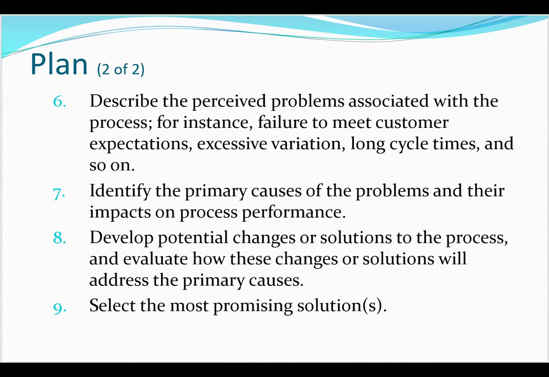Describe the perceived problems with the process. So for instance, we cannot meet customers' expectations, or there is excessive variation, or it takes too long to do something. So all of those are problems that the process may be having, and we need to be able to identify it so that we can resolve it.